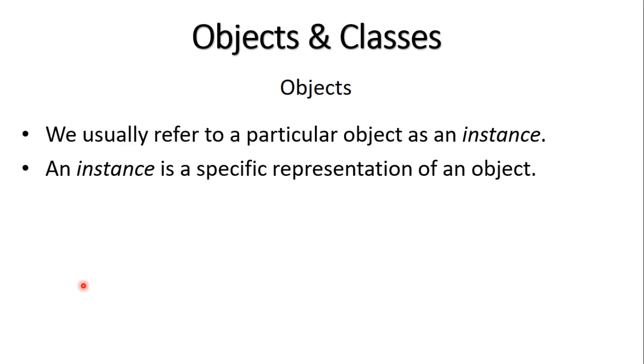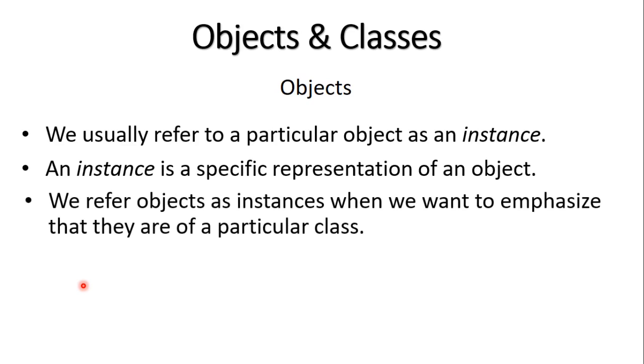If I'm talking about one particular student in class 8, that means I'm specifying that object, which means that I am talking about an instance. All right, you have to remember these terms.